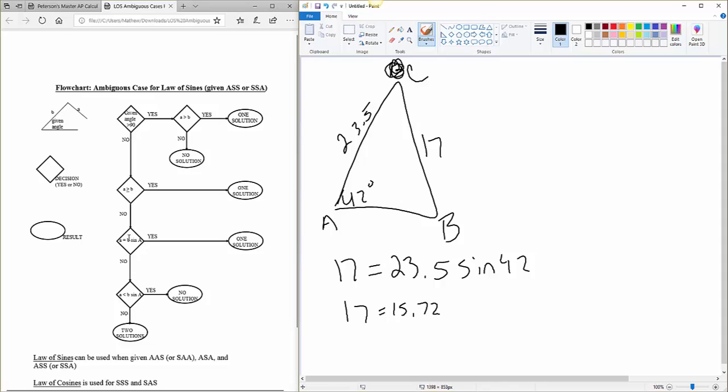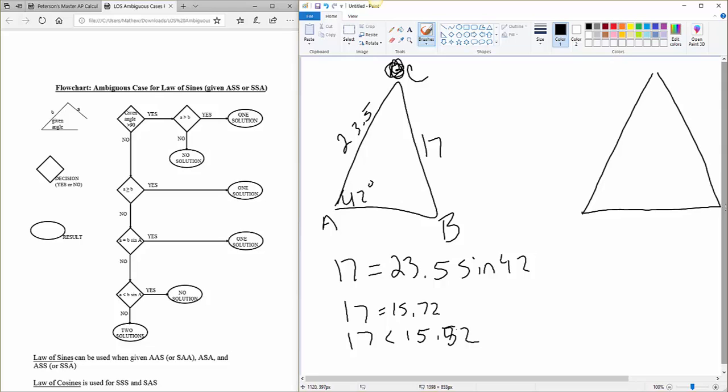So that's a no. So it moves on to the next one. Is my opposite side, so is this true? And the answer is no. So there's going to be two solutions. So that means I'm going to have two triangles.